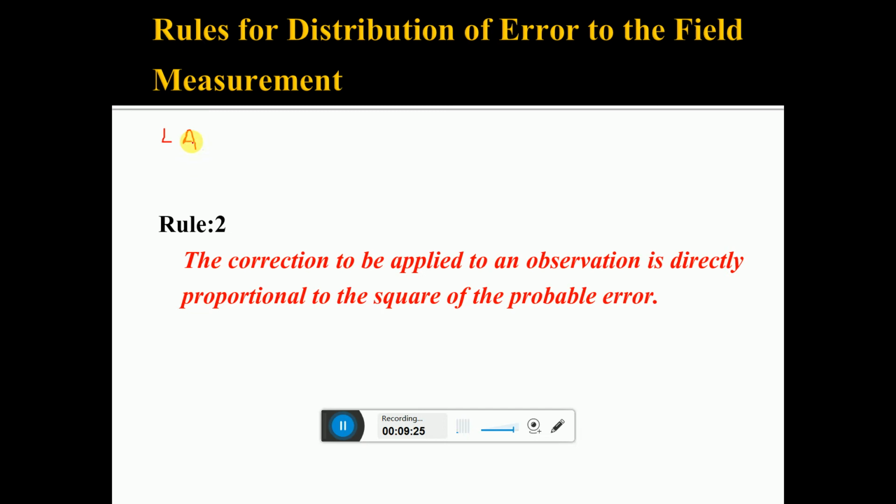The probable error in the measurement of angle A is plus or minus 2 seconds, the probable error in the measurement of angle B is plus or minus, say, 4 seconds, and the probable error in angle C is plus or minus, say, 3 seconds.